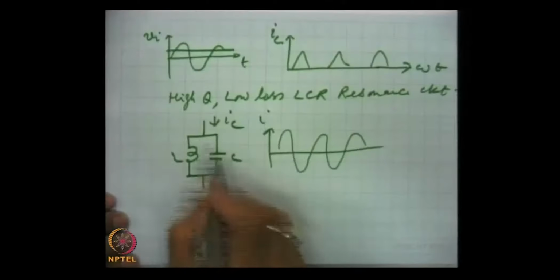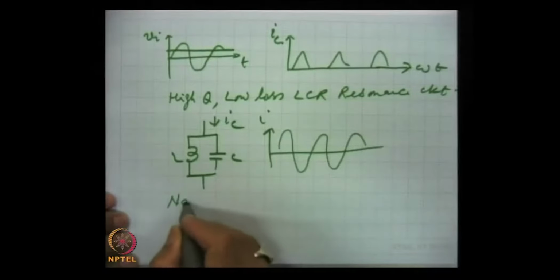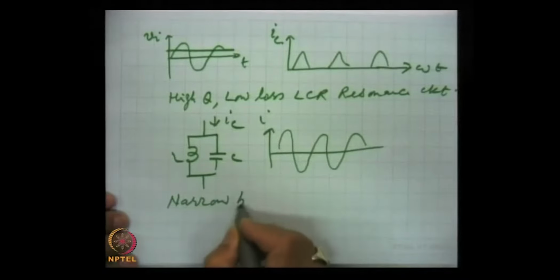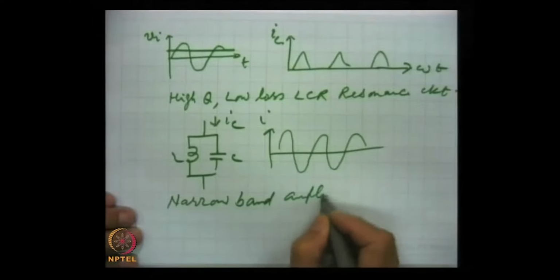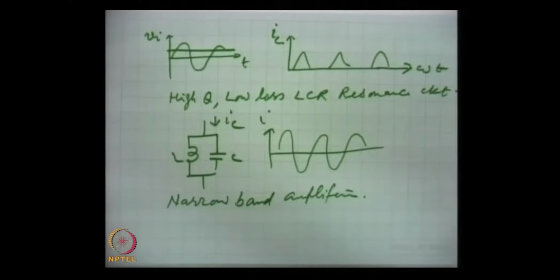Class C amplifiers will be tuned narrow band amplifiers. So, they can be used for specific purposes, and one purpose in which they are most widely used is the carrier waves.